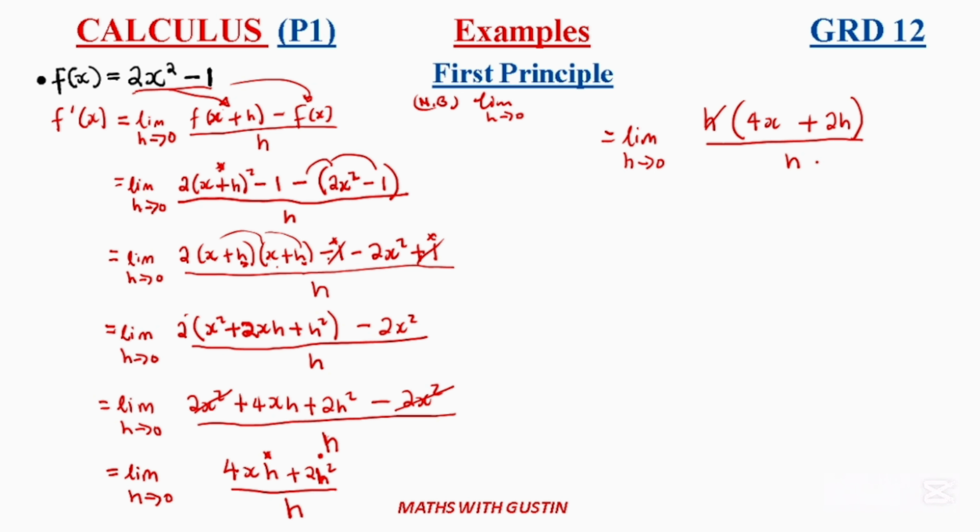Therefore this h and this h cancel out. This time around I won't write lim because now we're going to have 4x plus 2h, as h approaches 0. Therefore our f prime of x will be as follows: it's going to be 4x.